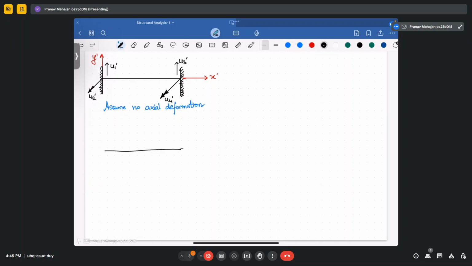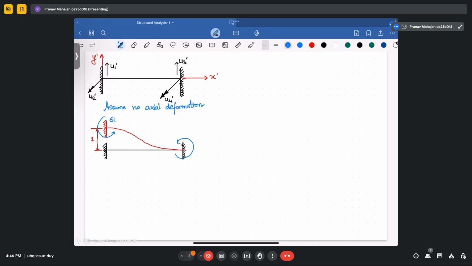So let's suppose you have a beam like this, like you have already constructed. In this, if you provide unit displacement to u1, how will the beam deform? The beam will deform like this. So if you are providing unit displacement, then the moments that will be generated due to this will be like this and like this.